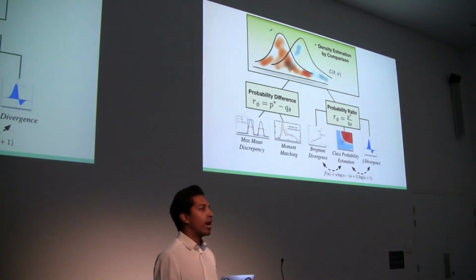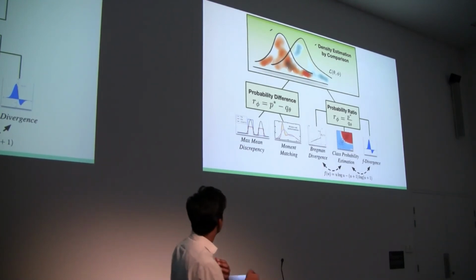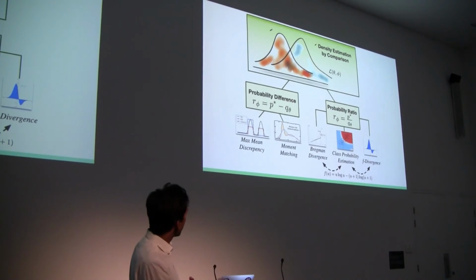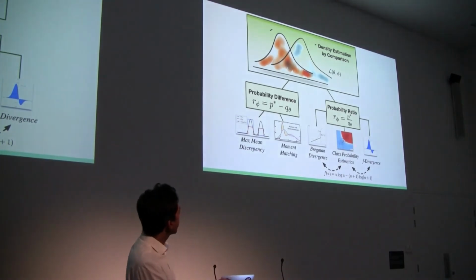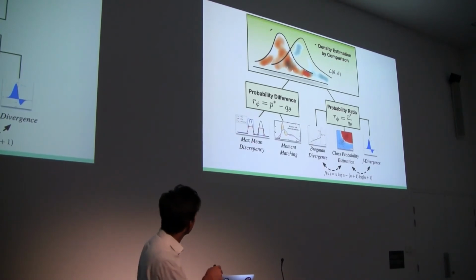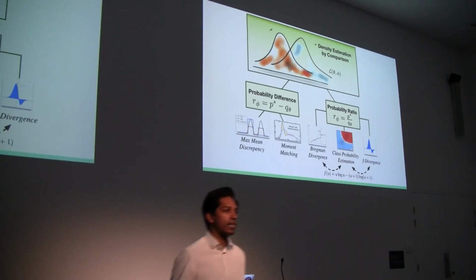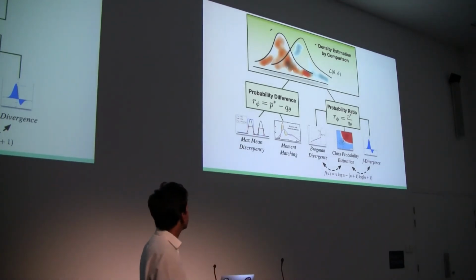So there are many ways. We have a long literature about figuring out how to compute probability ratios or probability differences. The one that we're going to look at in this class will be about class probability estimation. And maybe earlier you saw MMD and moment matching kind of methods, and we'll discuss these a little bit at the end.